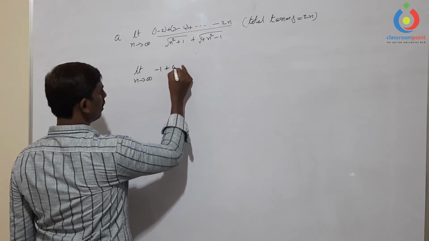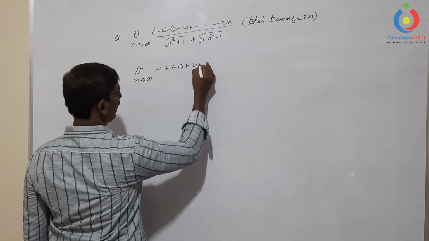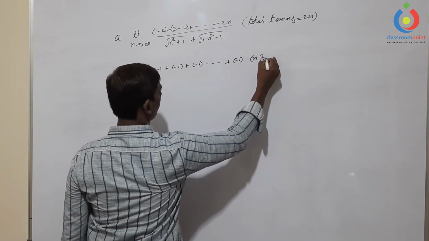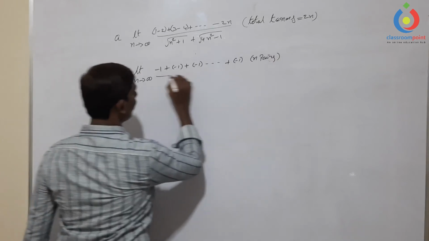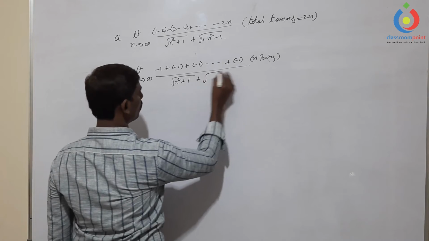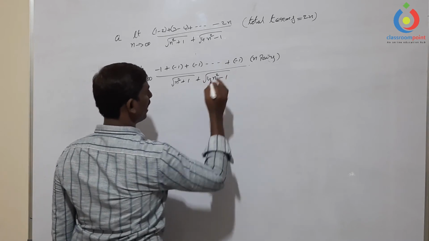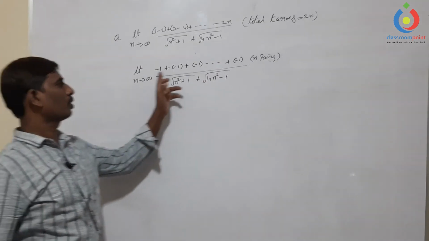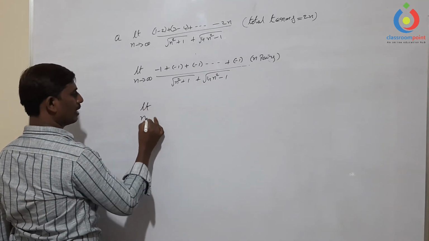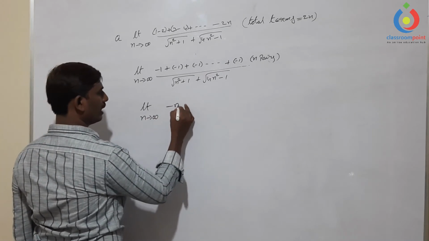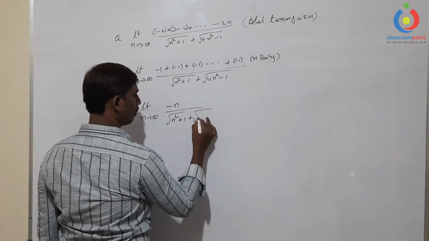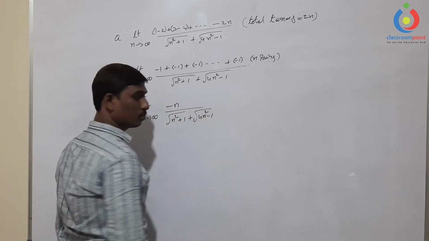So minus 1, minus 1, and so on, n pairs, whole divided by root over n square plus 1 plus root over 4n square minus 1. Now n pairs means minus n: limit n tends to infinity of minus n by (root over n square plus 1 plus root over 4n square minus 1).